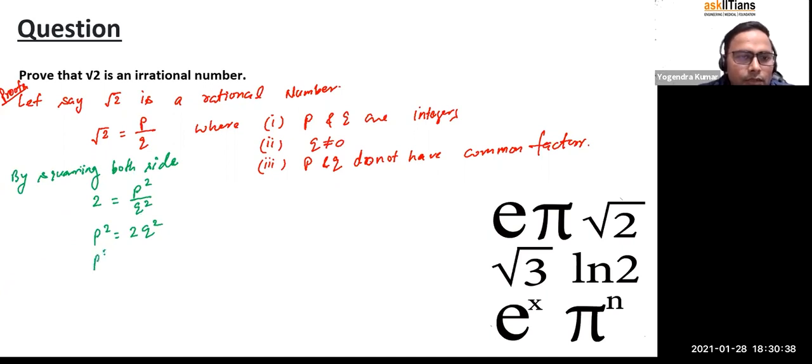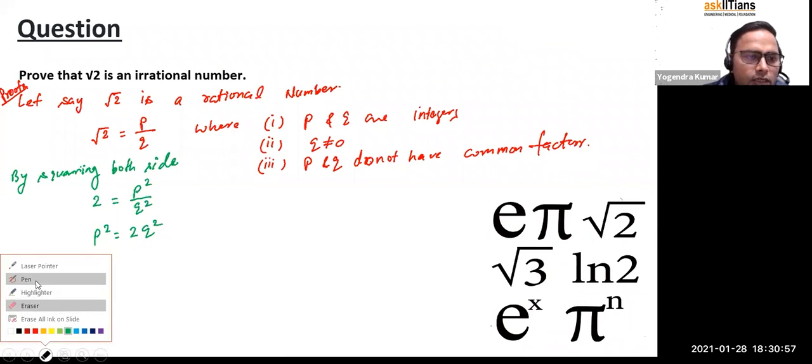Now we can make this statement from here only. As p and q both are integers, we are assuming that both are integers, right?